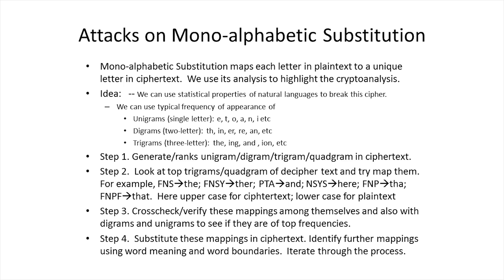Here we try to illustrate the cipher attack on the monoalphabetic substitution cipher, and use it as an example to illustrate the cryptanalysis process. In the monoalphabetic substitution cipher, we map each character in the plaintext to a unique character in the ciphertext.